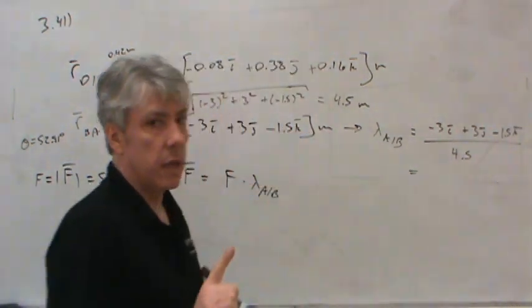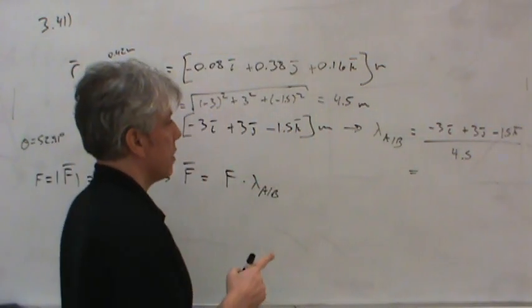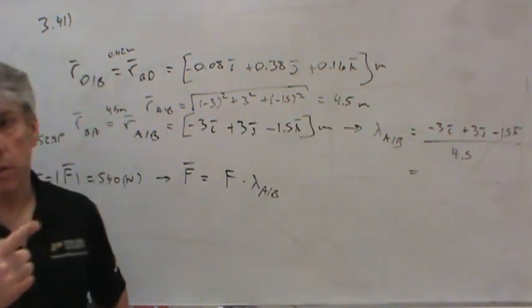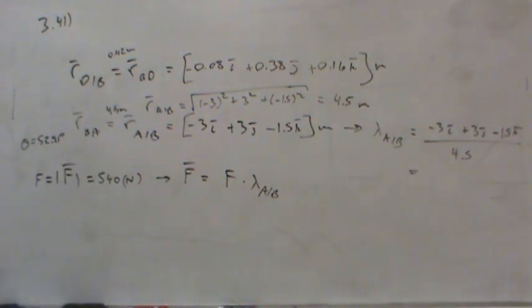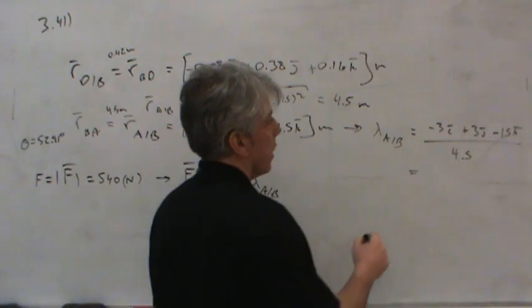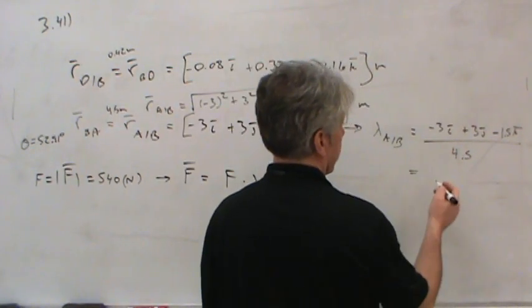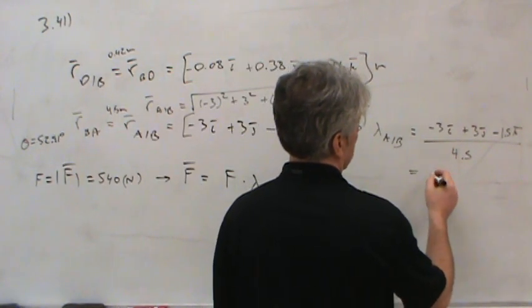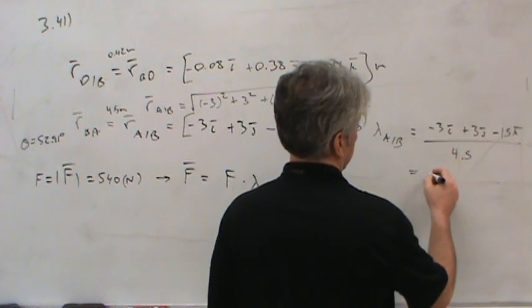It'll have length 1. And that'll give us a vector that just points from B to A. Right? And that will allow us to write down the force that points from B to A. Okay? So let's do that. What do we get? So negative 3 over 4.5 is what? What is that? Negative 0.6 repeating.